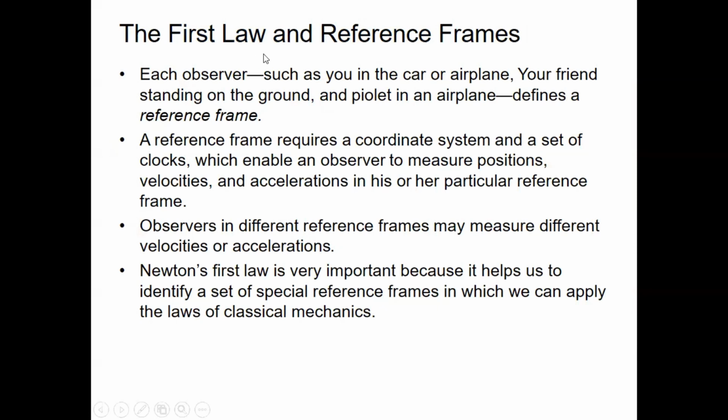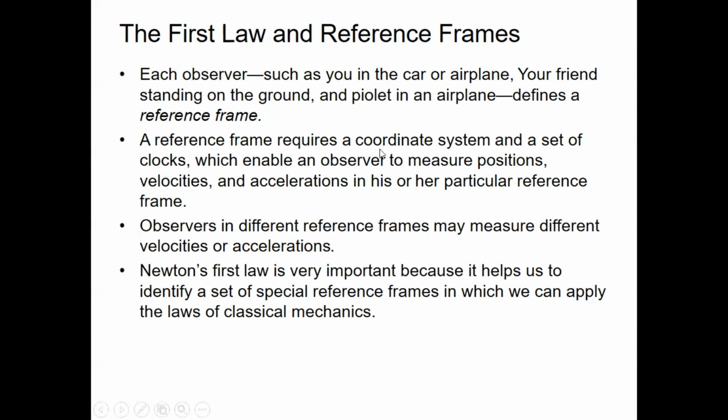So let's consider the reference frame now. Each observer, such as you sitting in a car or traveling on an aeroplane, your friend standing on the ground, and the pilot in the aeroplane, will define their own reference frames. All of them have their own frame of reference, the coordinate axes.